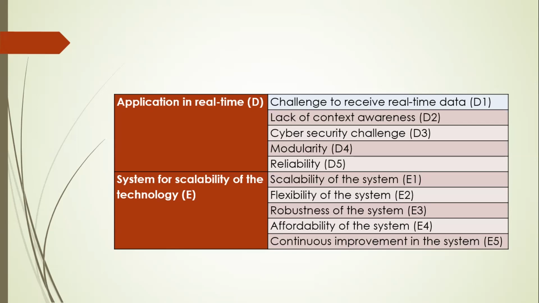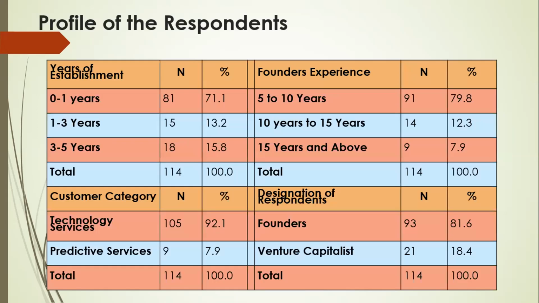On the basis of these major criteria and sub-criteria, we've come up with the results. Before that, let us understand our sample and how we did this survey. This is the profile of the respondents. We considered startups in Karnataka, with industries ranging from 0 to 1 years, 1 to 3 years, and 3 to 5 years.